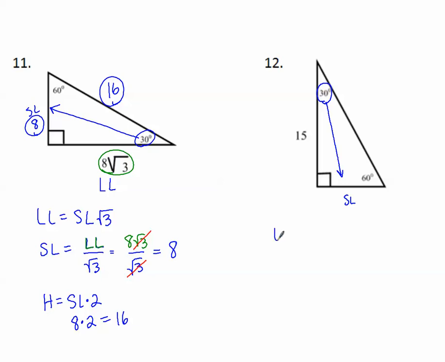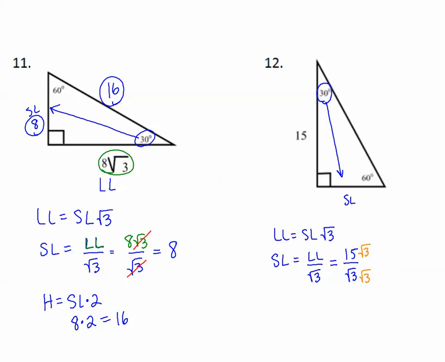So we think of our formula. Long leg is short leg times radical 3. So going backwards, I want to take the long leg and divide it by radical 3. What's the long leg? 15. 15 divided by radical 3 is my short leg. But I can simplify this. I never leave a radical in the denominator. So how do I simplify it? I multiply by square root of 3 on top, square root of 3 on the bottom.